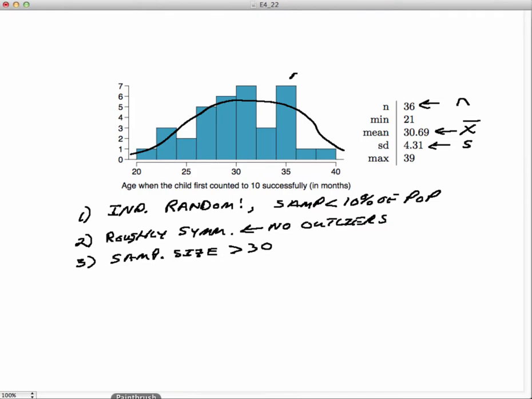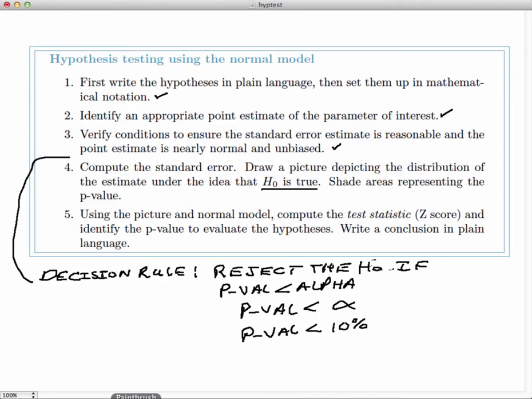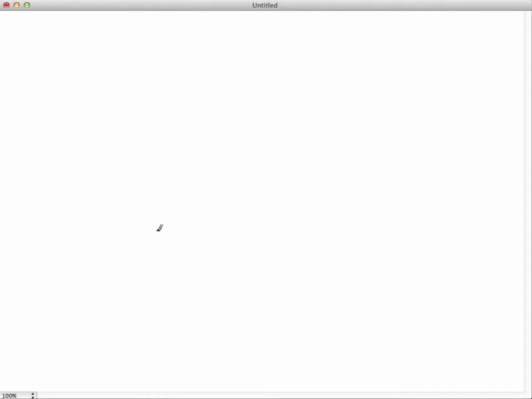So to get a z-score, let me get a blank sheet here. To get a z-score, remember that z is equal to x minus mu divided by sigma. That's our general formula that I asked you to memorize for calculating z.